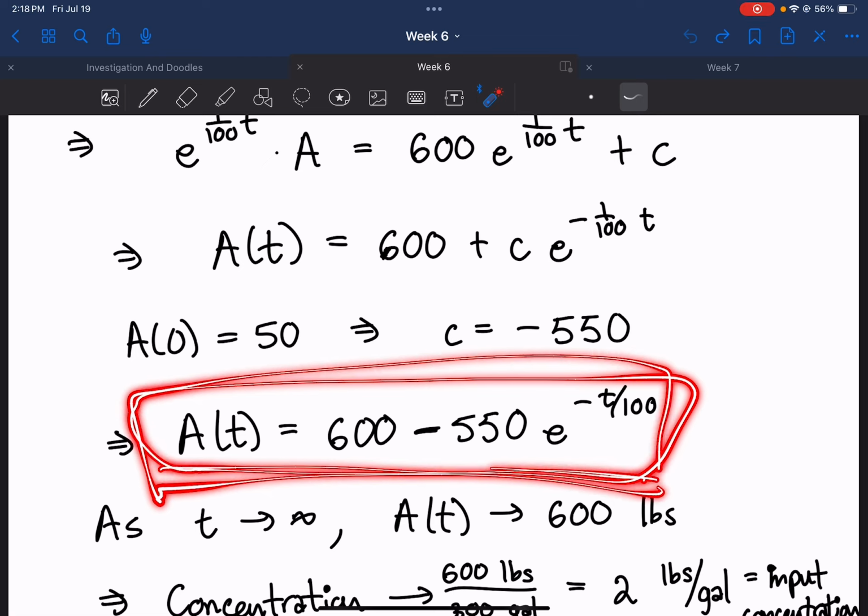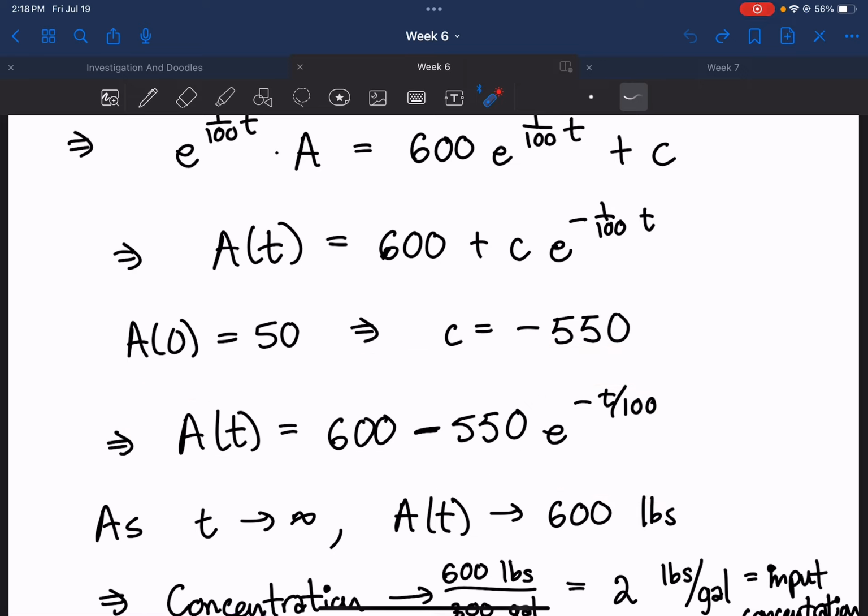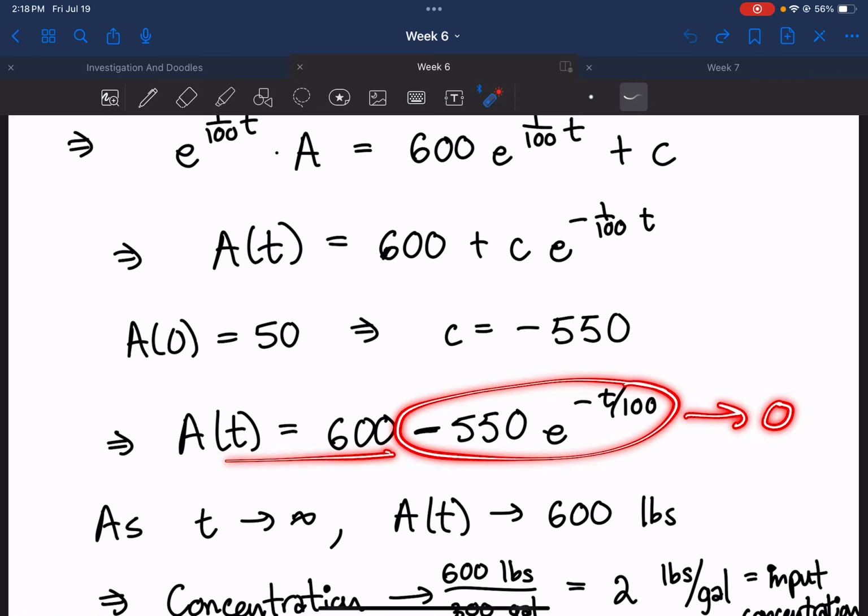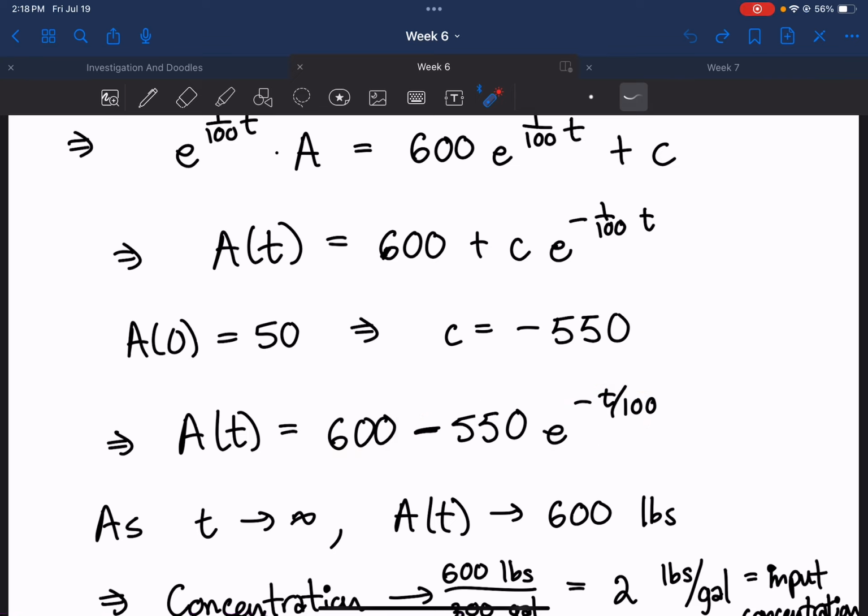And the question was, what happens after a long time? Well, as t goes off to infinity, this term here is going to head to 0. Which means this whole term is going to head to 0, which means I'm left with A at infinity. As t goes off to infinity, A tends to this 600 pounds.